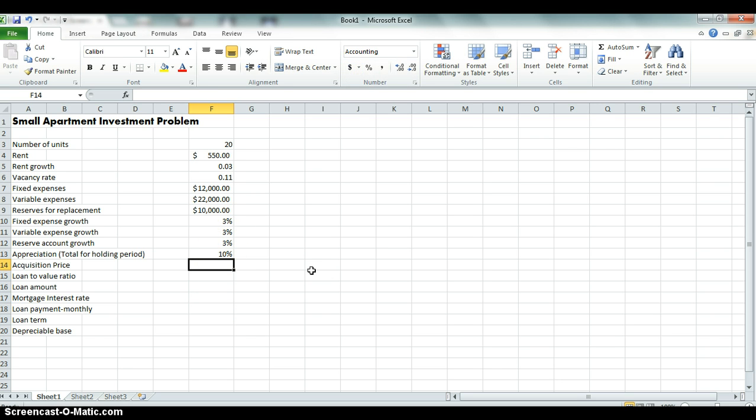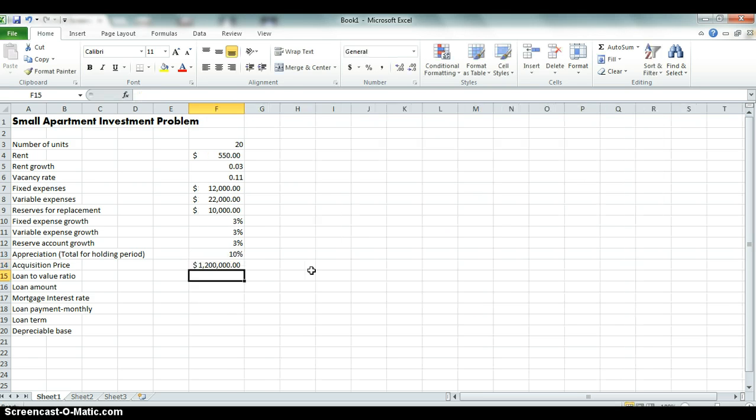So the acquisition price in this case is $1,200,000. Then we have the loan amount, the loan to value ratio of 75%. The loan amount will be calculated by multiplying the acquisition price times the loan to value ratio.